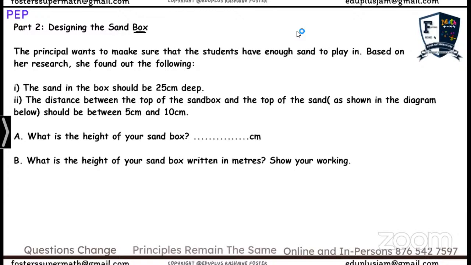When you see sandbox, what did you learn in mathematics that you think the sandbox is going to relate to? Anybody? Anybody here in Zoom? Mr. Christopher, Miss Tasia, Miss Mac?